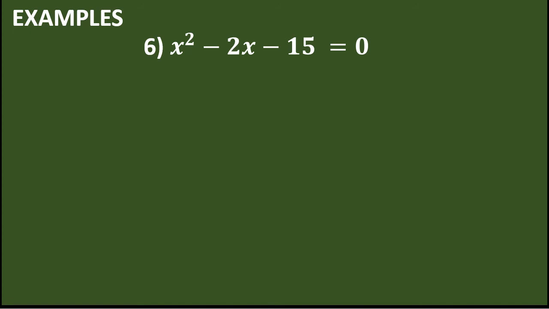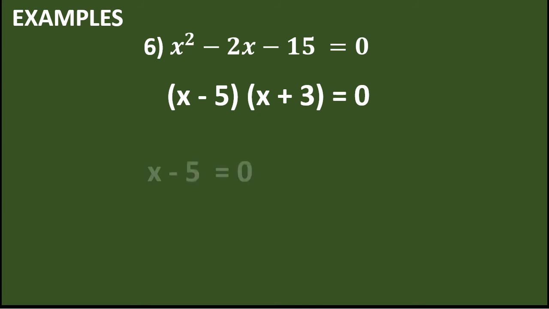5 and 3. But which one is positive and which one is negative, to make it negative 2? So negative 5 and positive 3. So we have the quantity x minus 5 times the quantity x plus 3 equals 0. After that, equate x minus 5 to 0.